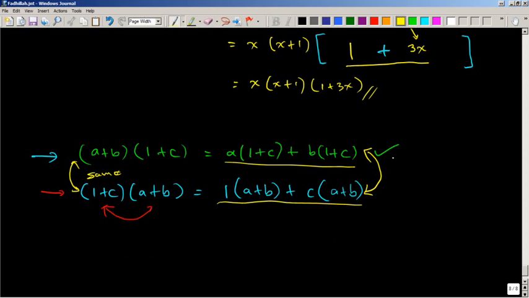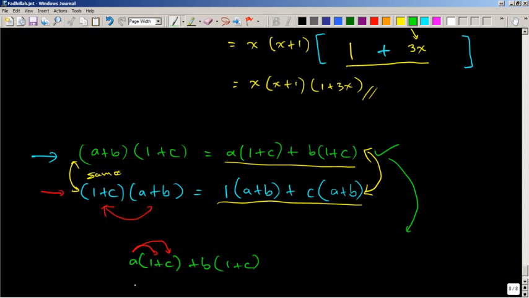Let me take the green one. I put it here. A1 plus C campur B1 plus C. If I expand further, dia jadi apa?